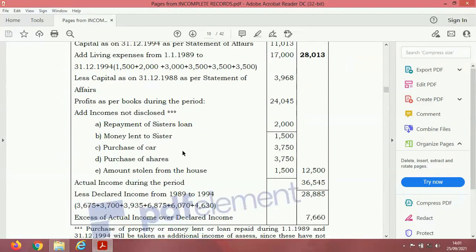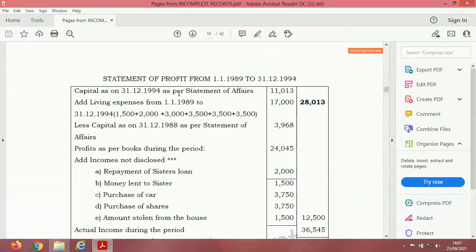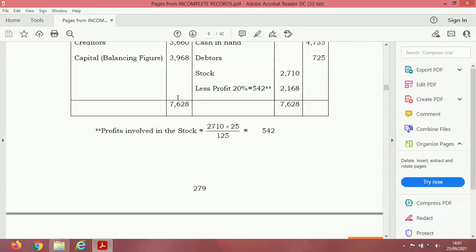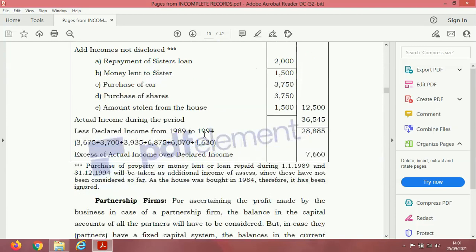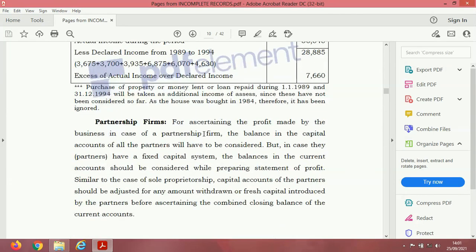But I don't want us to spend much time on this because this is not much of what we are going to study. My major focus was on understanding how to prepare a statement of affairs. We have known that the statement of affairs is the difference between assets and liabilities. So this you can practice in your own time.